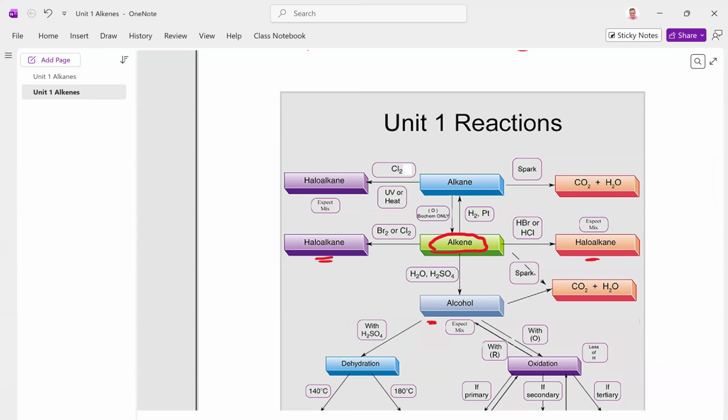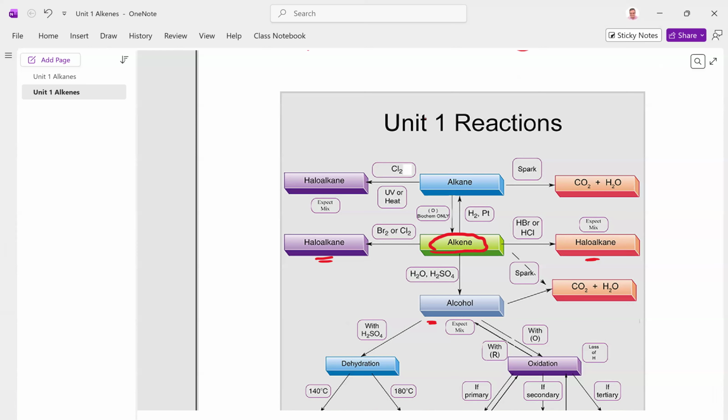It's on the reactant side. The head of the arrow points to the product. So in this case, we're going to make a haloalkane over here, and it's different than this haloalkane. And then down here, we're going to make an alcohol from an alkene.